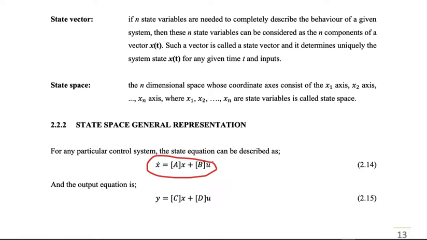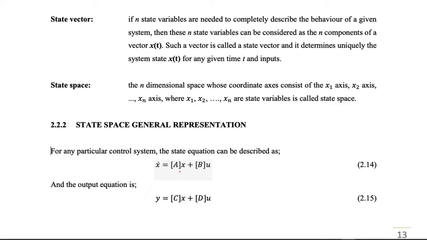The state space equation tells us the system properties, not the behavior, but the components which the system inherently has.